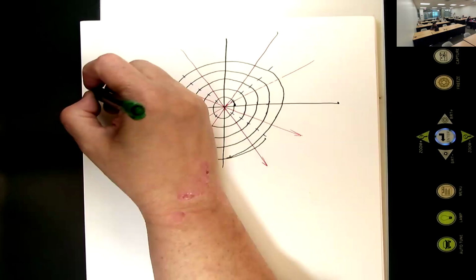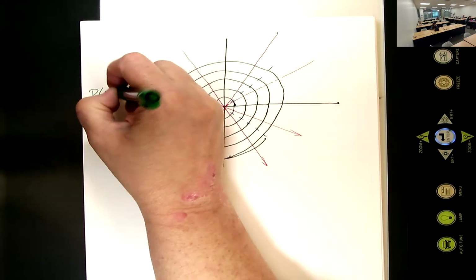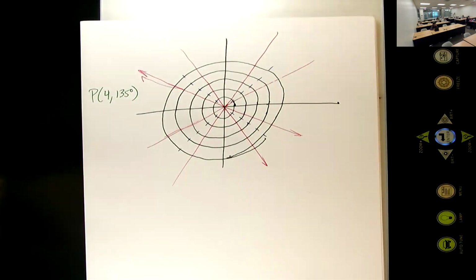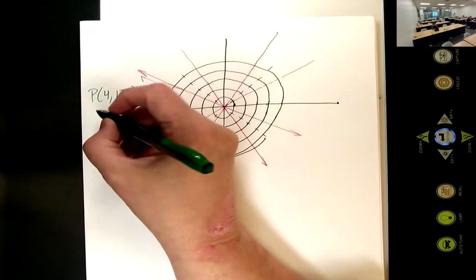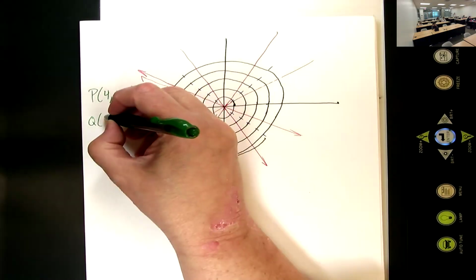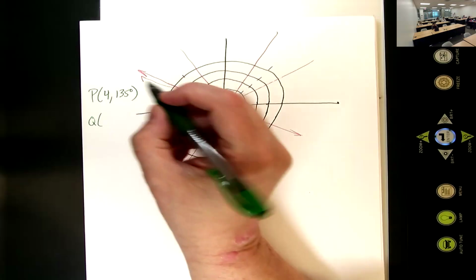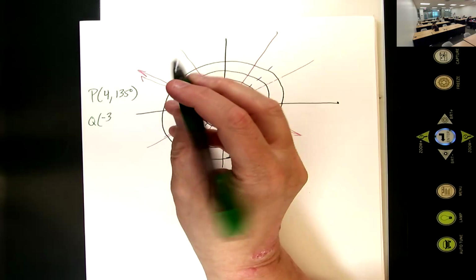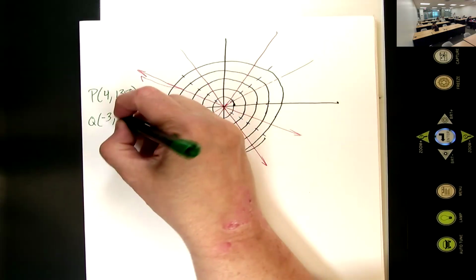Let's plot the point P for 135 degrees. That can give you 3 points. Let's do Q equals -3, let's go with 120 degrees.